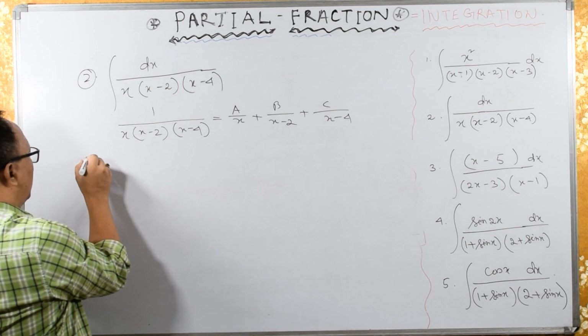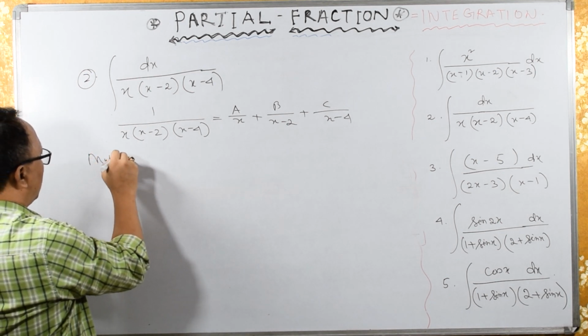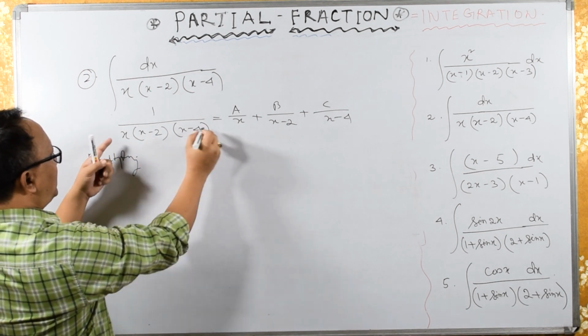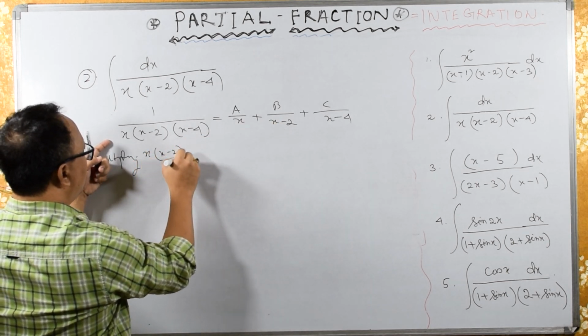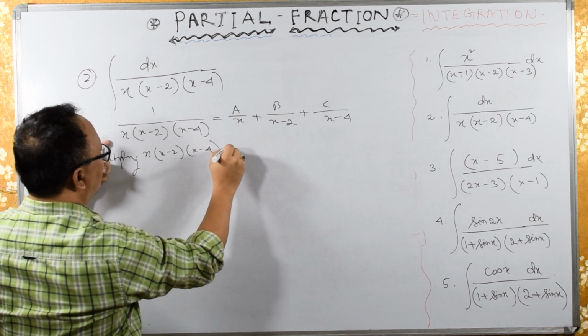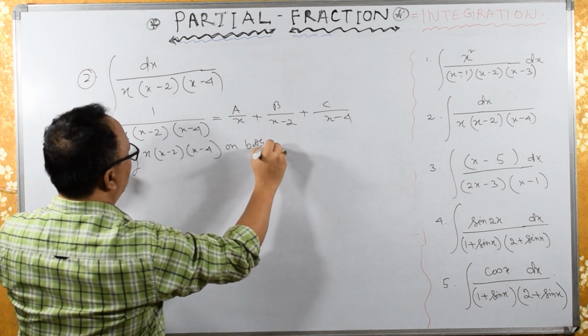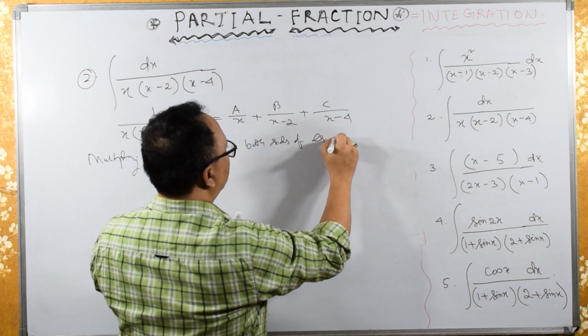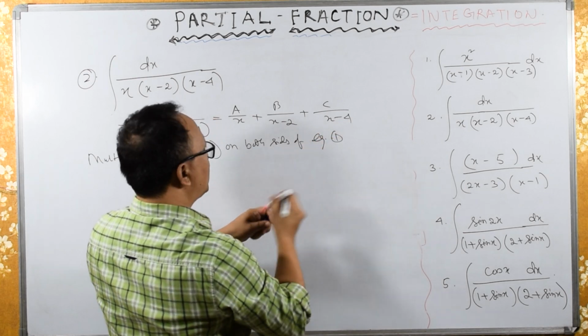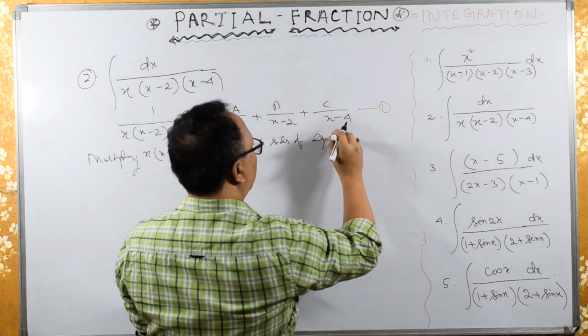Similarly, multiplying x, x minus 2, x minus 4 on both sides of equation 1. Let's call this equation 1.